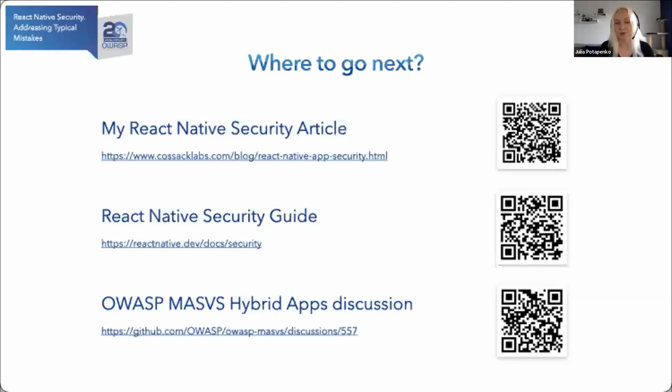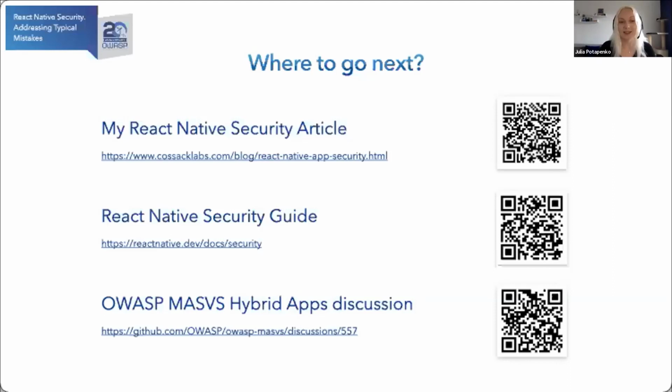It's just interesting to read what they recommend, and I can say that mostly it's the same things that you've seen from improper platform usage. These are all platform specific things, not that many React Native or JavaScript specific things.